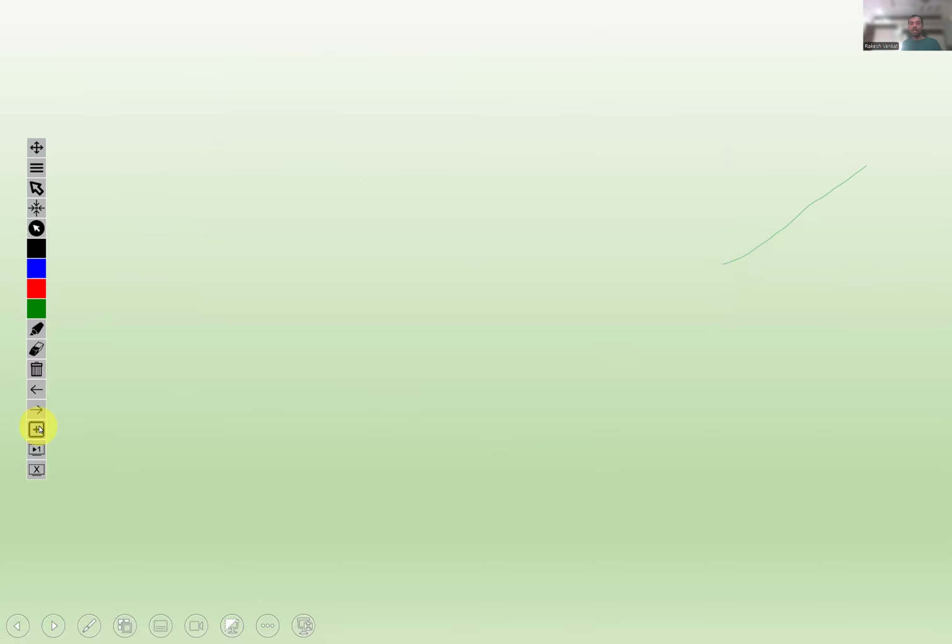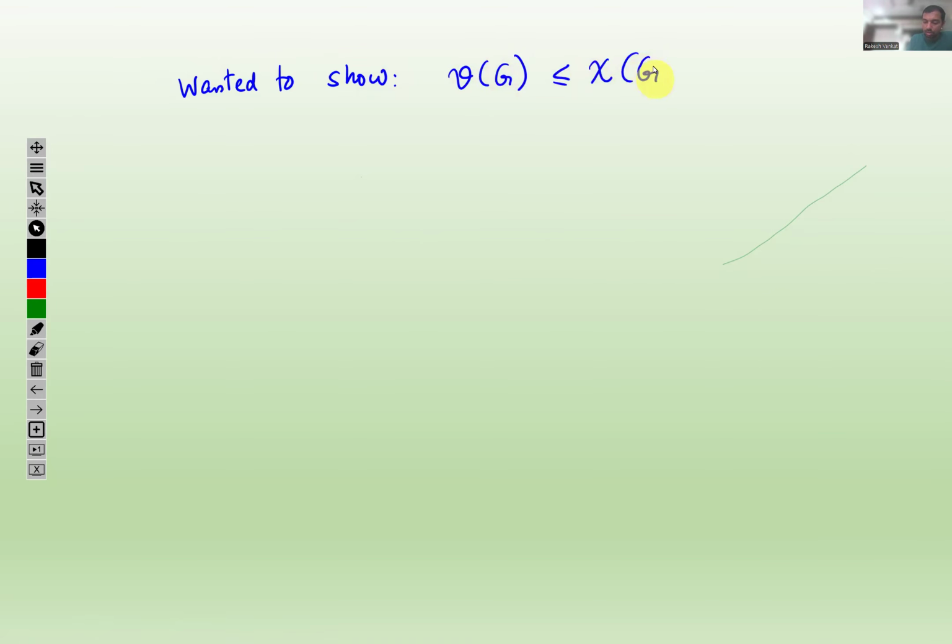So now let me come back to what we have almost shown. I'll take a couple more minutes. We wanted to show that theta of G is less than or equal to chi of G bar. Theta of G was this formulation problem. What is this optimization problem?